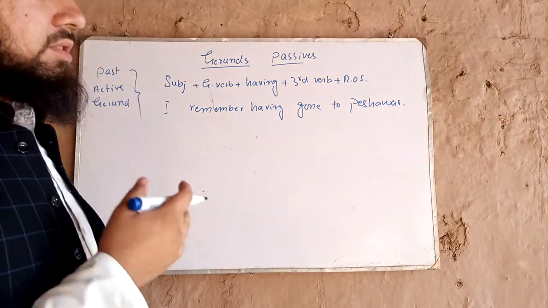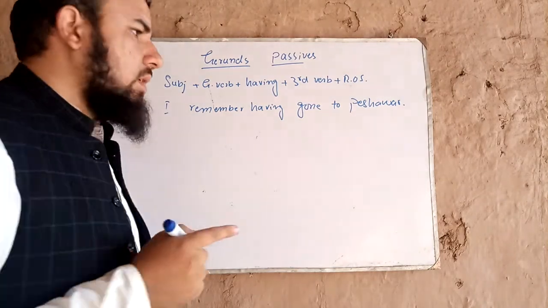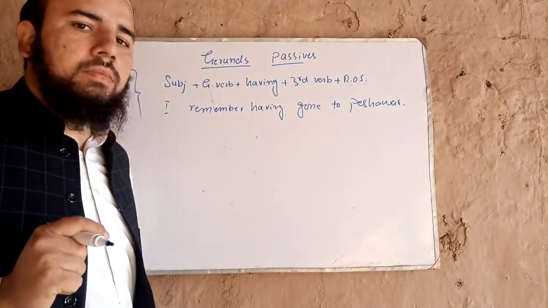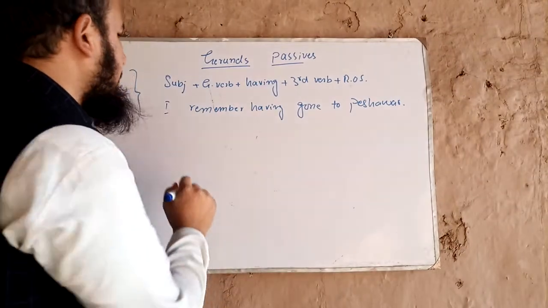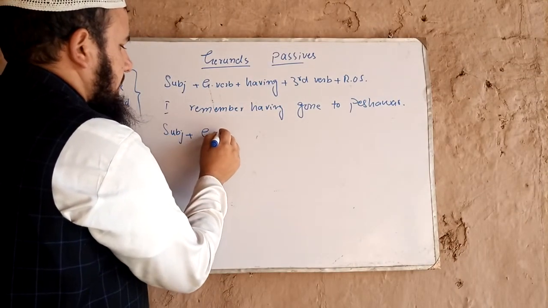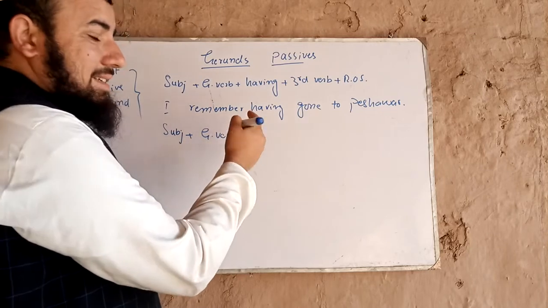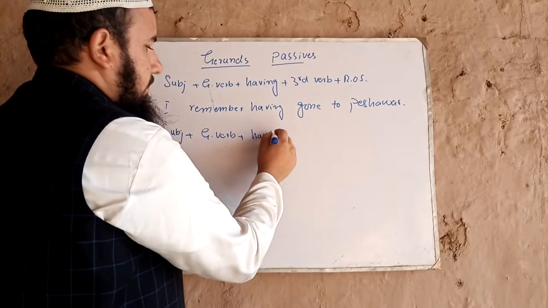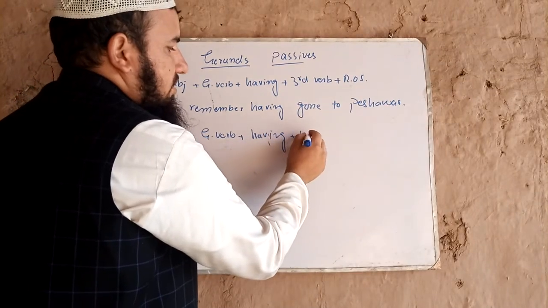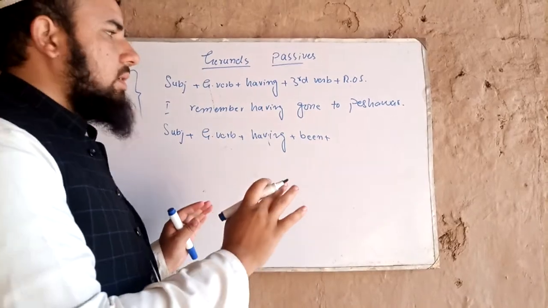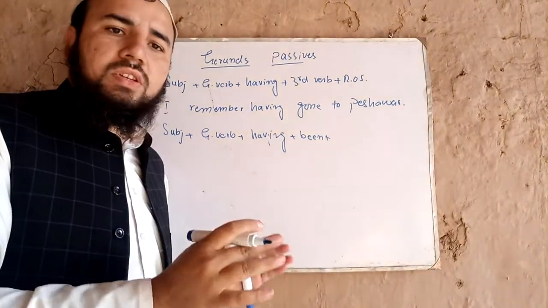Now how will we change these kinds of sentences which have gerund verb plus having plus third form verb? So now the rule is very easy: subject plus gerund verb plus having, just here we add been, as in the previous structure we just used being.